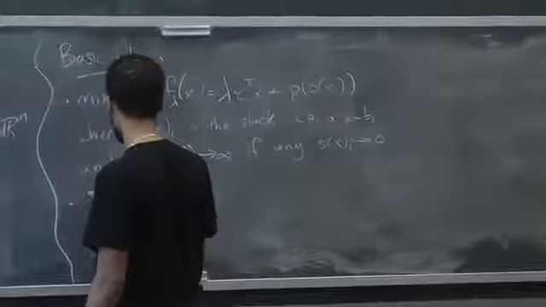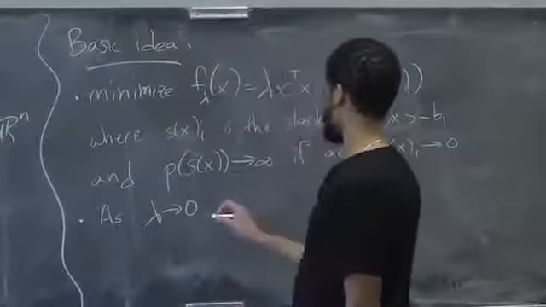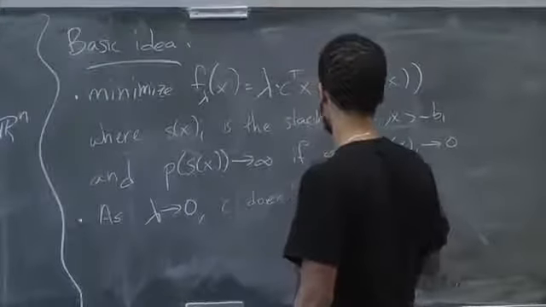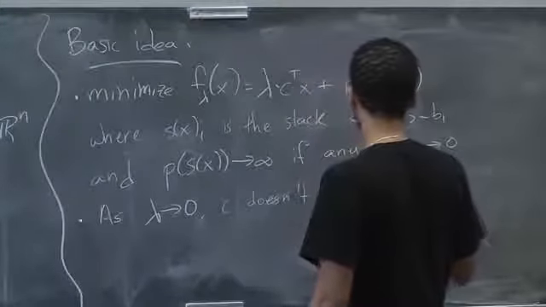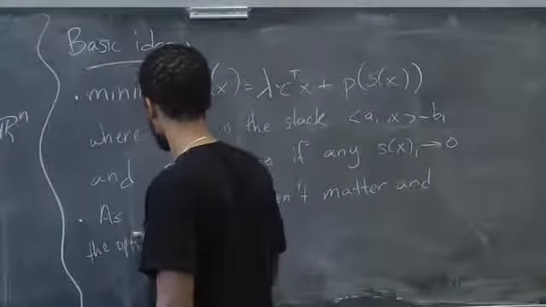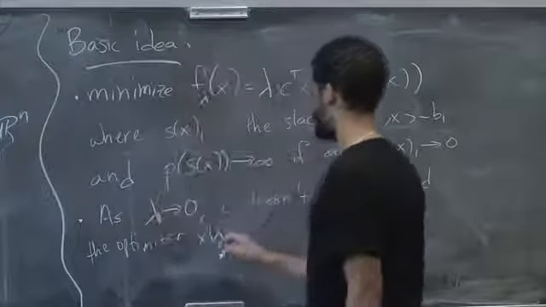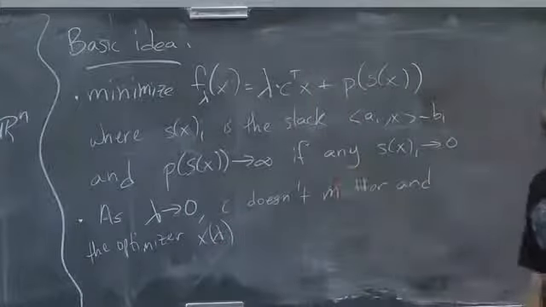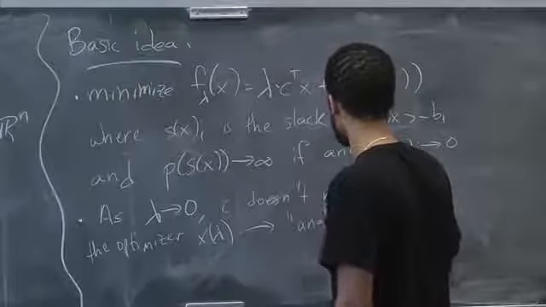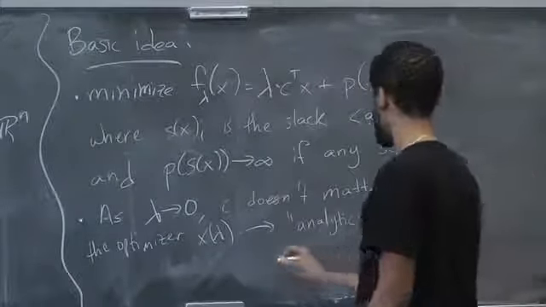And the point is, as lambda goes to 0, basically c doesn't matter. The optimizer, let me call it x_lambda, the optimal solution for this f_lambda, goes to what's called the analytic center of the feasible region.